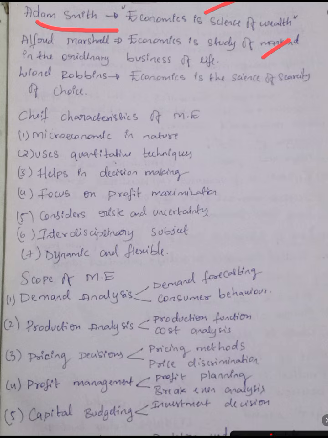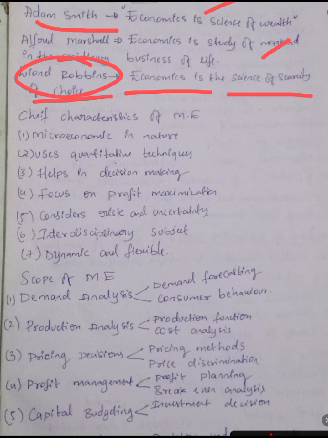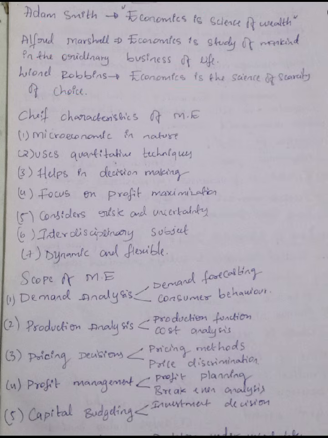And Lionel Robbins said economics is the science of scarcity of choice. Mostly in managerial economics we see Lionel Robbins's definition. Based on his study, managerial economics is mostly all about it.